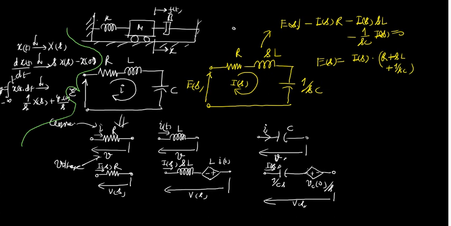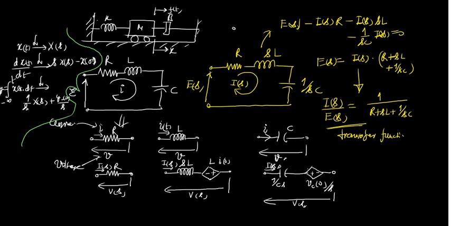Further rearranging, Is by Es is equal to 1 by R plus SL plus 1 by SC. So this is what is called the transfer function of this system, in which output is Is and input is Es.